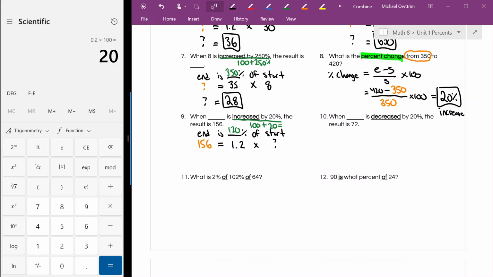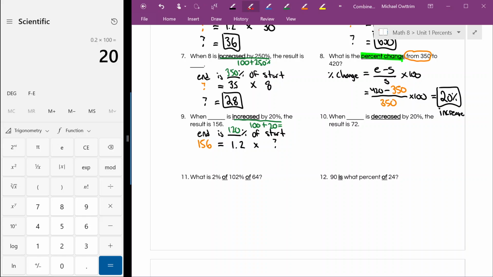Now, our issue with this equation that we've made is that our unknown, the question mark here, is not the only thing on its side of the equal sign. And when our unknown is not by itself, we need to isolate it by undoing whatever's been done to it. So right now our question mark is being multiplied by 1.2. And to get our question mark by itself, we need to cancel out or undo that multiplication by 1.2.